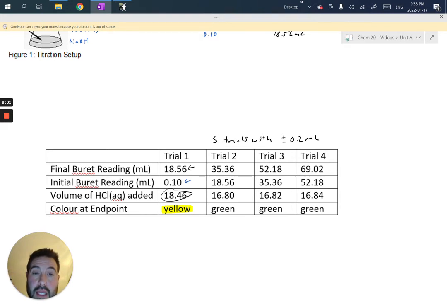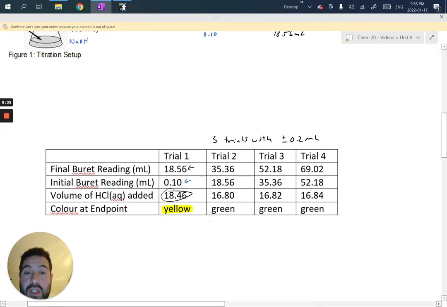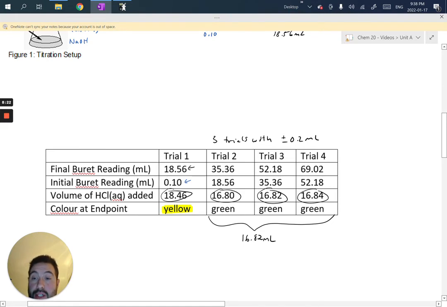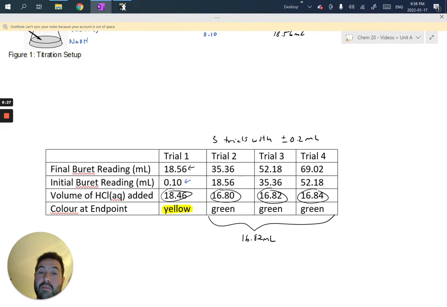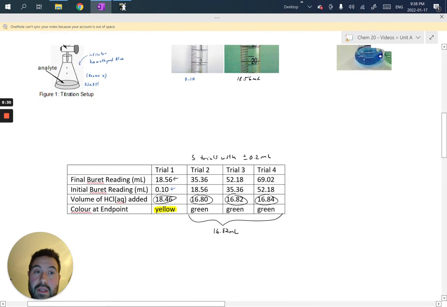I'm going to take those numbers and average them. So I'm going to take these 3 numbers right here, my 16.8, 16.82, 16.84. I'm going to add those together, divide by 3, and I'm going to get 16.82 for my average volume of HCl added. So now I know my missing volume, so I can solve my problem.